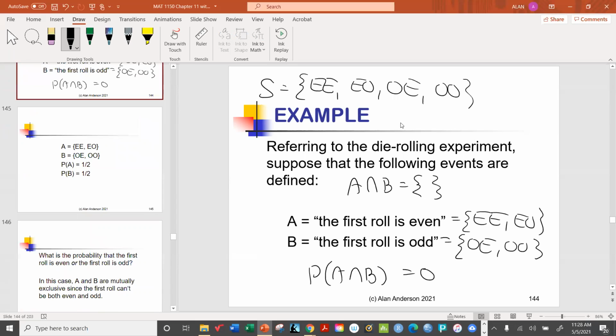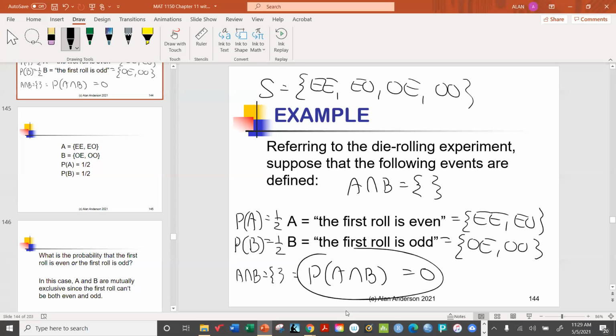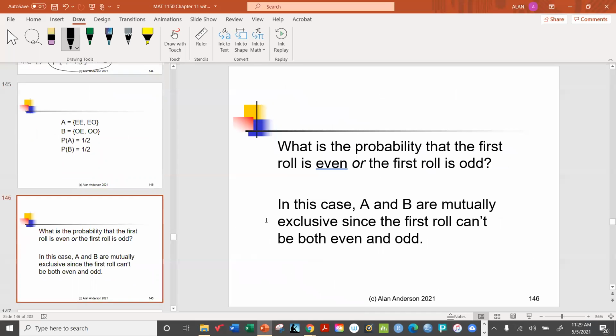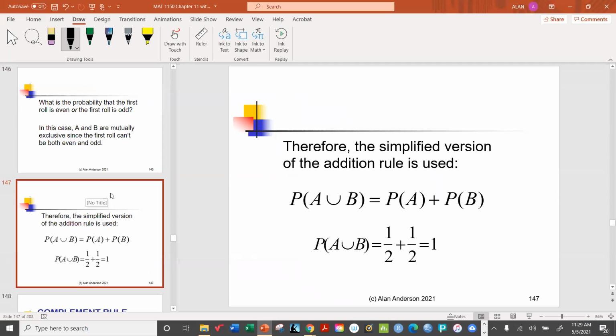Because the sample space has all equally likely events, it should be clear that the probability of A is 1/2 or 2/4, and B is 1/2. The intersection is empty, and so we end up with this result, which means we can use the simplified addition rule. So let's do it.